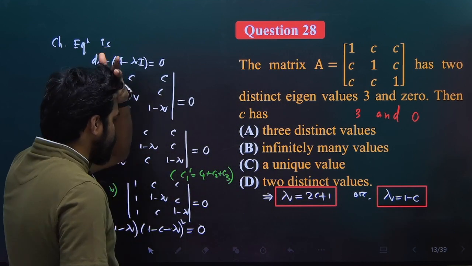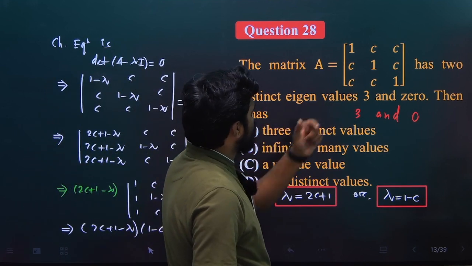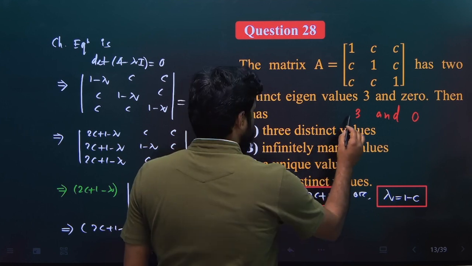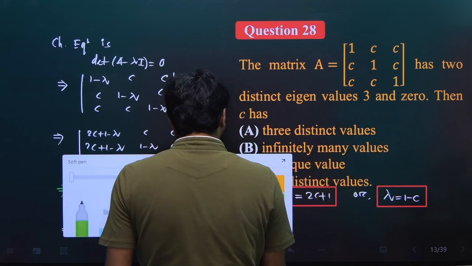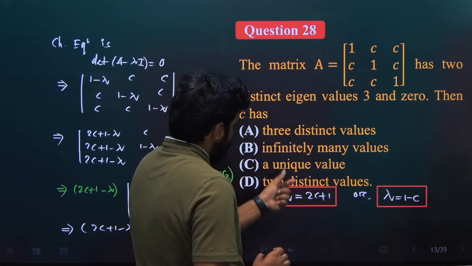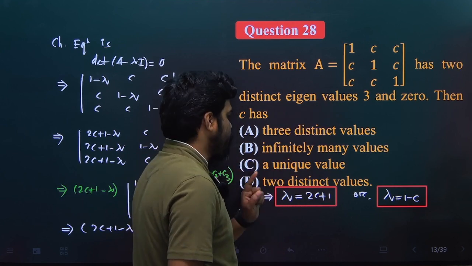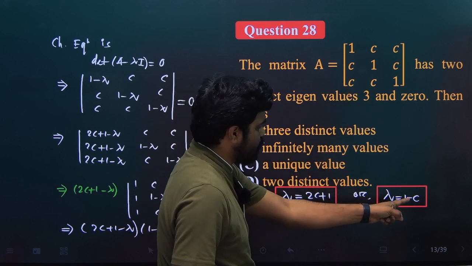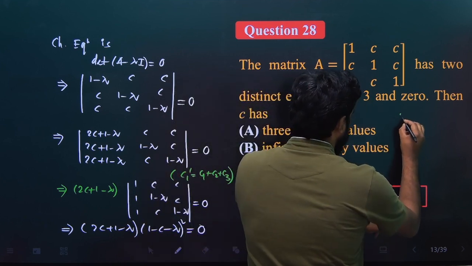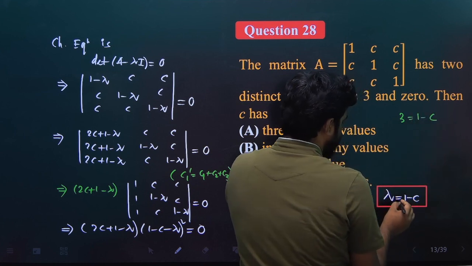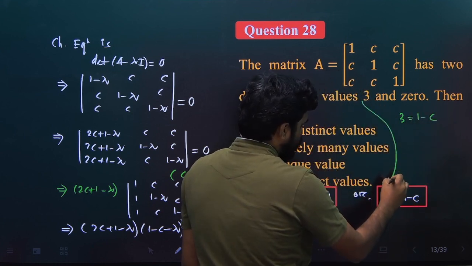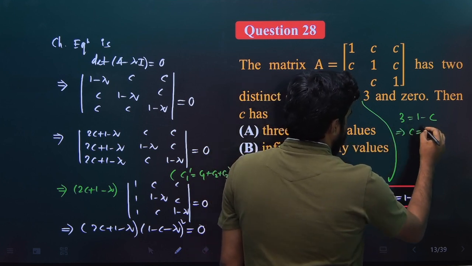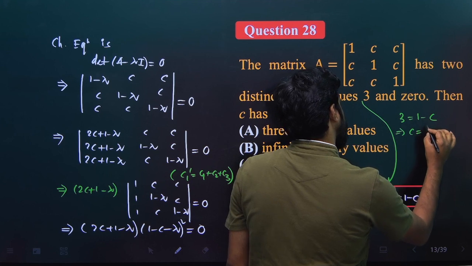Now it is given that this has two distinct eigenvalues 3 and 0. So what is the value of c? If lambda is equal to 3, the two eigenvalues given are lambda 3 and 0, then the value of lambda I take is 1 minus c. Suppose 3 is equal to 1 minus c, so this is the eigenvalue. So 3 is equal to 1 minus c, that means c is equal to 3 minus 2, that is 1.